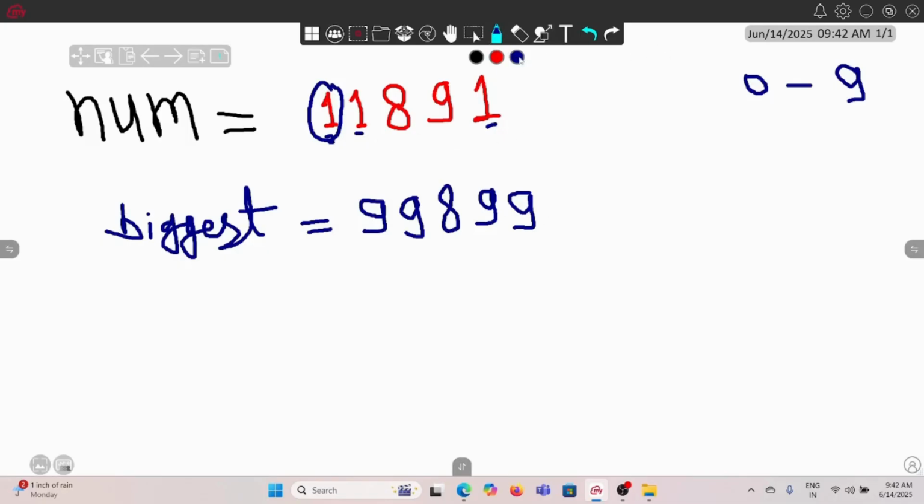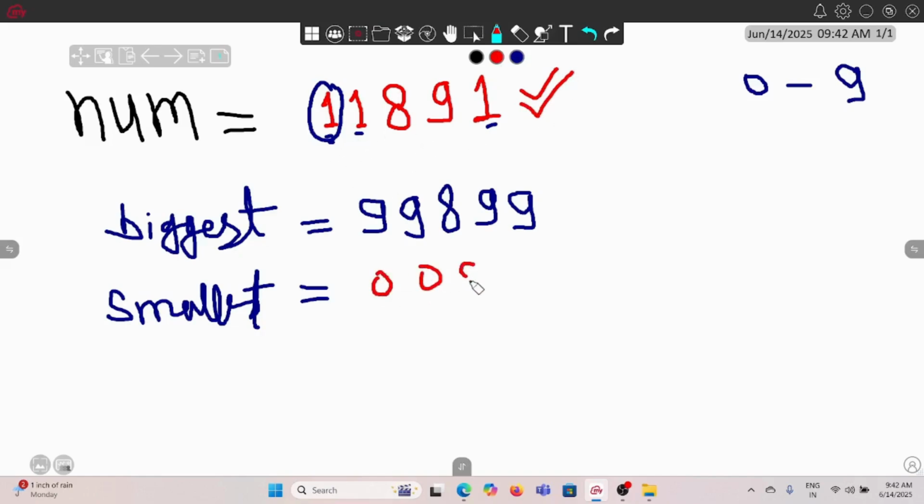Similarly, we also have to make the smallest number. So how would we make the smallest number? Which digit should be replaced to get the smallest number out of all possibilities? You can observe that if I convert this 1 itself to 0, all the ones in the original num become 0, and we will get 00890, right?